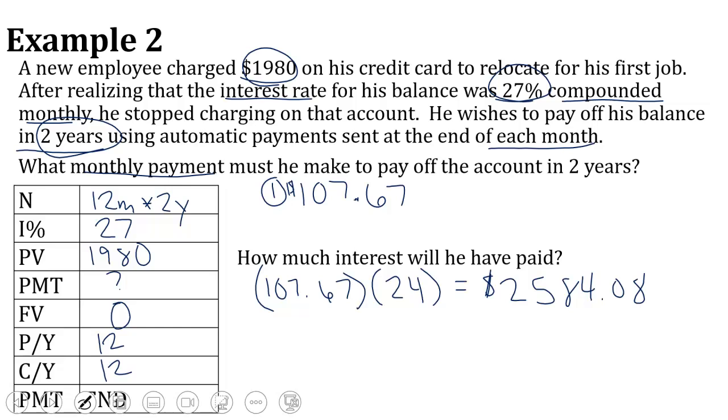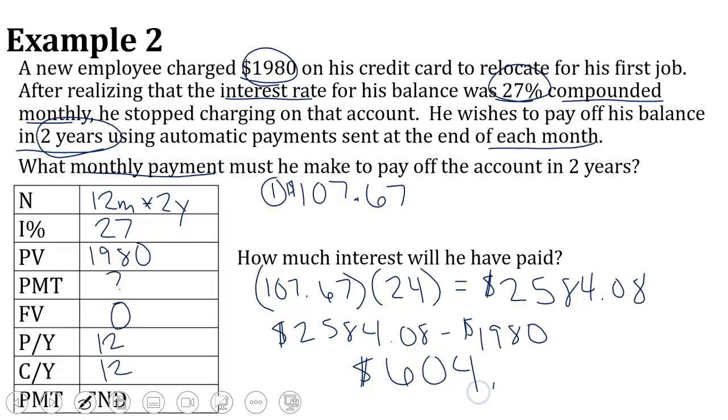Now let's subtract from that what we were actually in debt, to see how much extra money we ended up paying the credit card company. So subtract that $1,980. Over 2 years, we paid them an extra $604.08 of our own money.